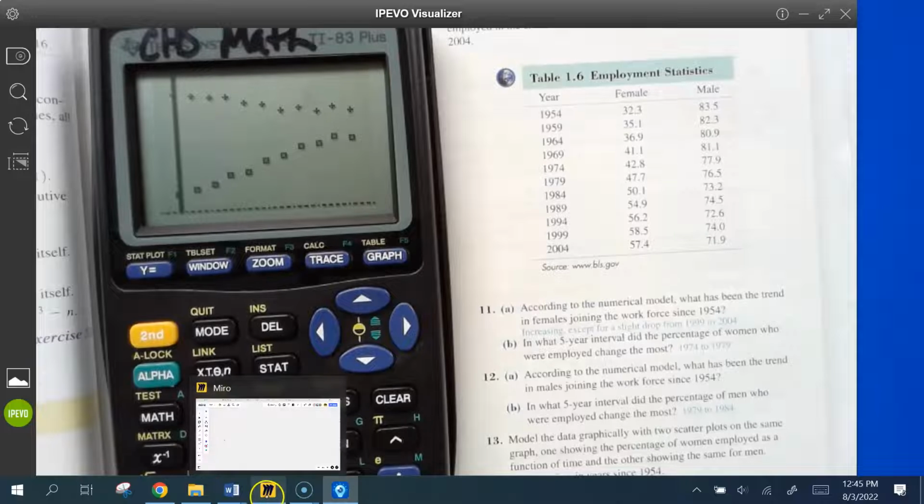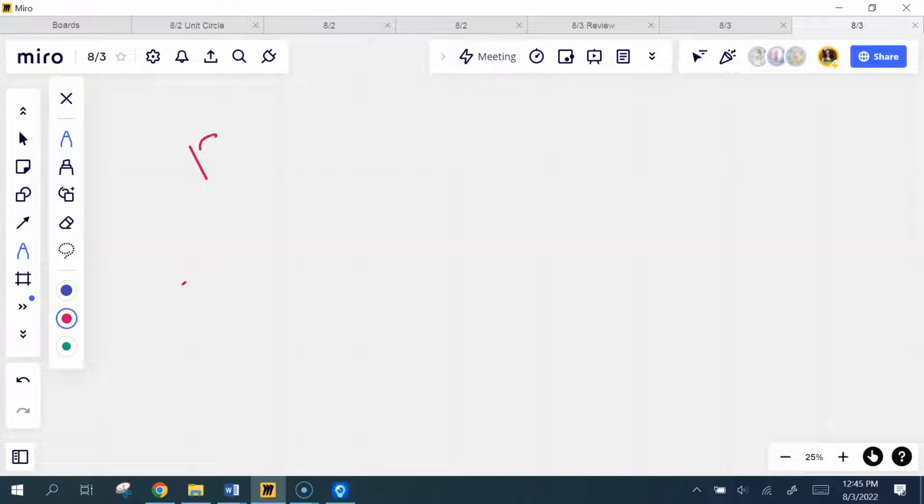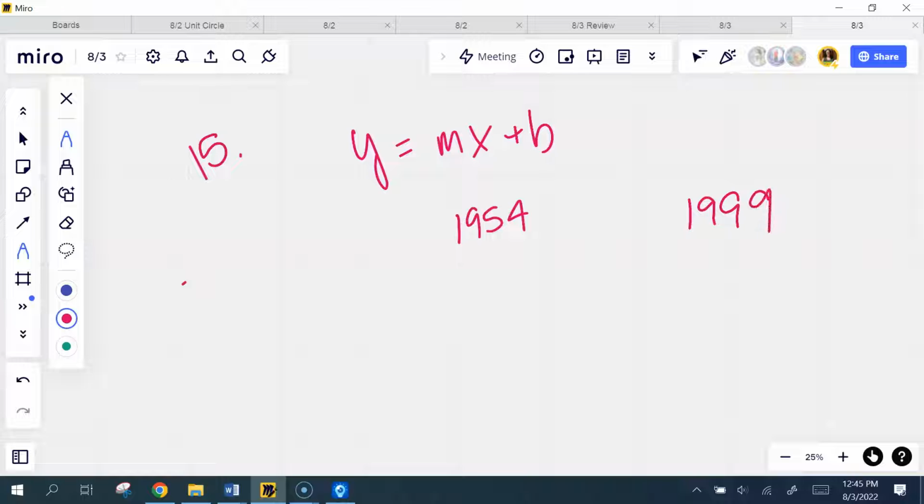Okay, so 15 says to model the data algebraically with linear equations of the form y equals mx plus b, and then it says to write one equation for women and another equation for men and use the 1954 and 1999 data to compute the slopes. So I've got men and women, so I'm looking for two equations, right?